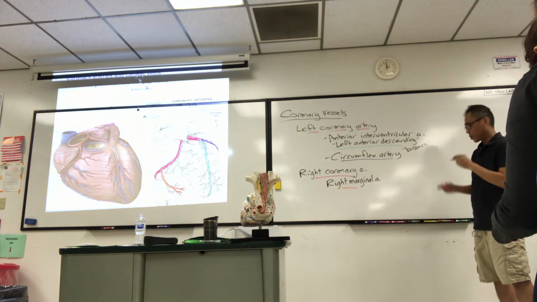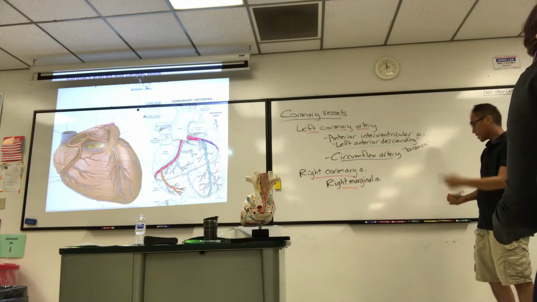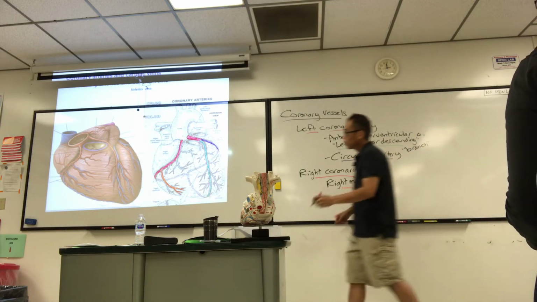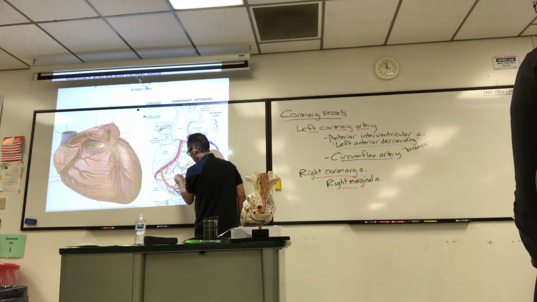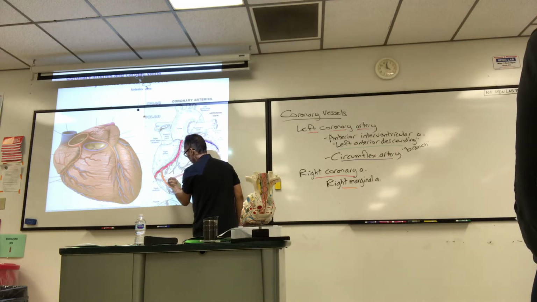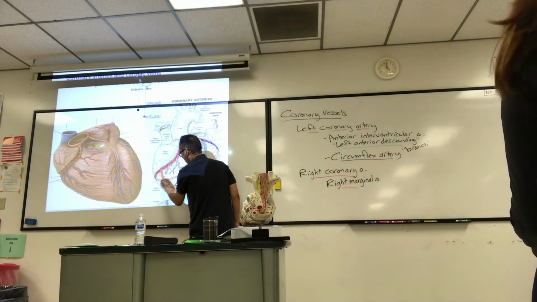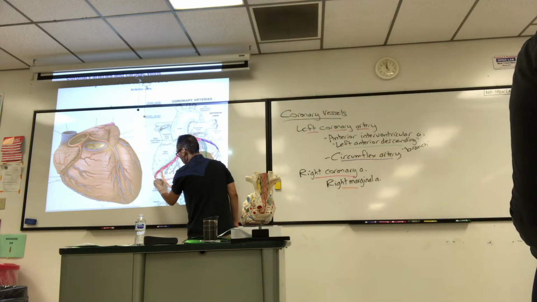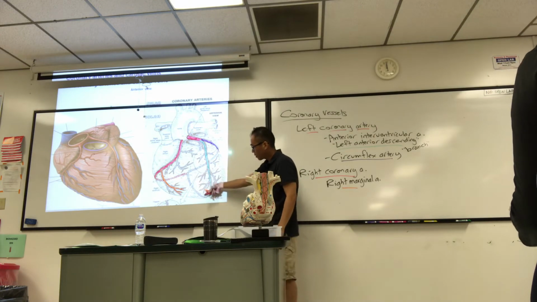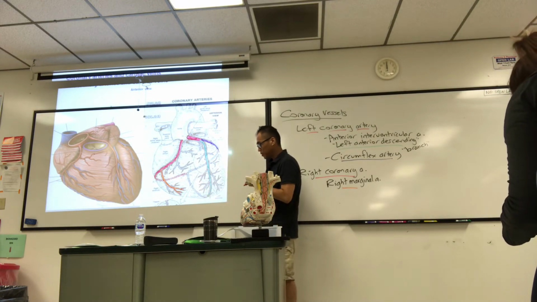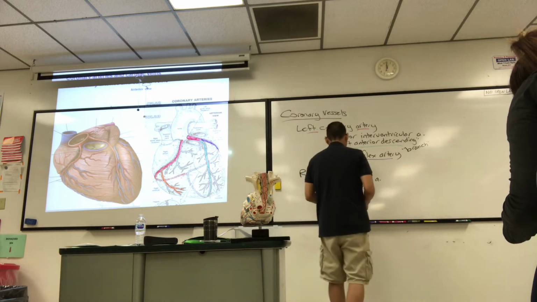Notice how the right coronary artery goes around the backside. So they kind of color it in like that. This is a continuation of the right coronary artery going around to the backside of the heart. And there's a branch coming off here. It's called the posterior interventricular artery. I'll use a different color.